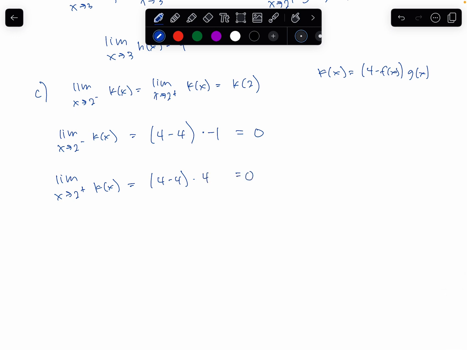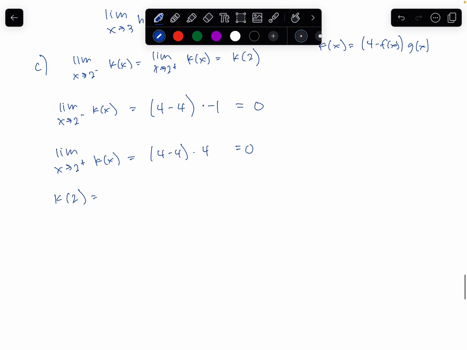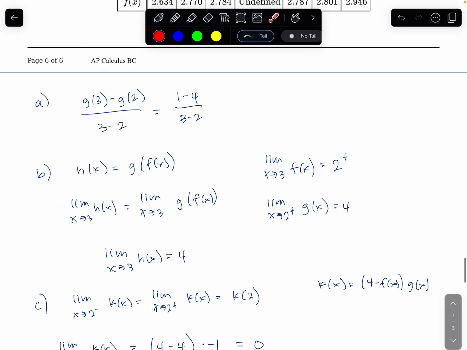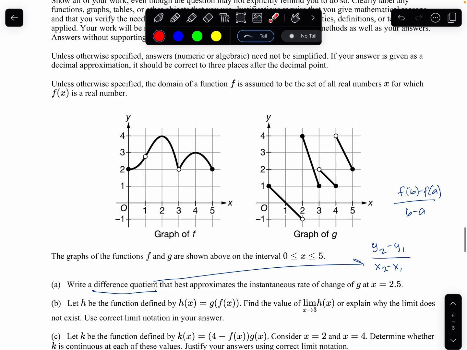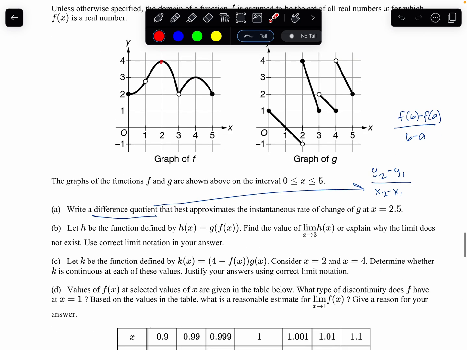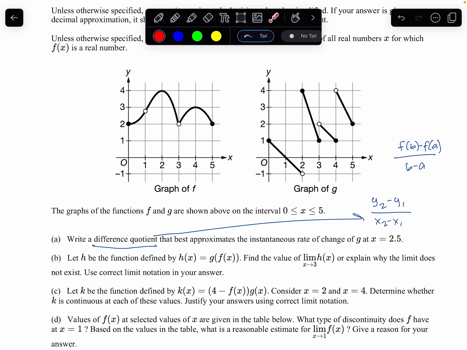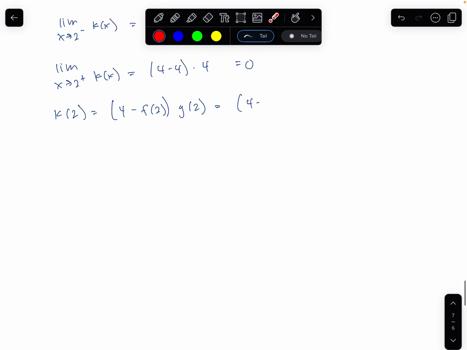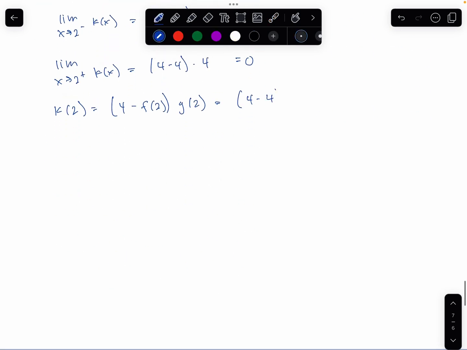So all that's left for us to check is k of 2. What is k of 2 equal to? If I plug 2 in, we get 4 minus f of 2 times g of 2. So f of 2 is 4, and g of 2 is 4. So 4 minus 4 times 4 is equal to 0.